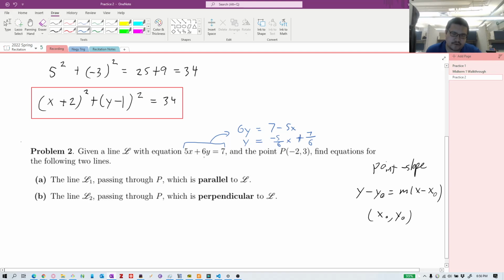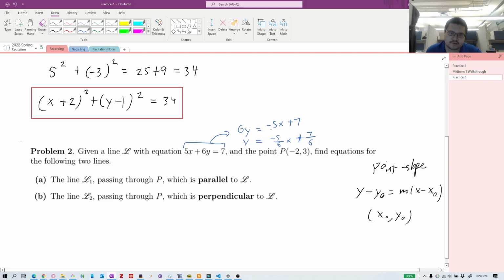Is there a better way I can explain this? Well, yeah, if I wrote it as minus 5x plus 7, see that we could subtract the 5x from both sides, but then we put it in front of the 7 there.